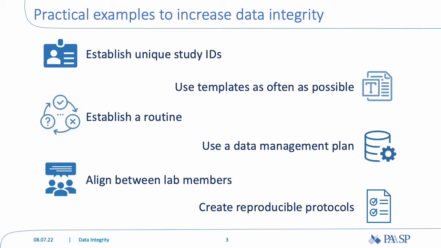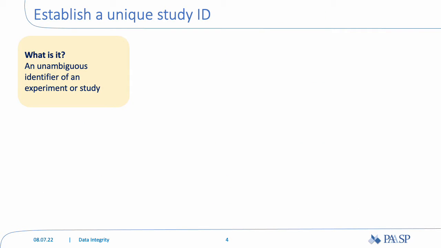The data management plan is a very useful document, especially for collaborations, to clarify best documentation practices. Alignment between all lab members also helps productivity and ensures data integrity. And finally, we will briefly talk about how to make protocols reproducible.